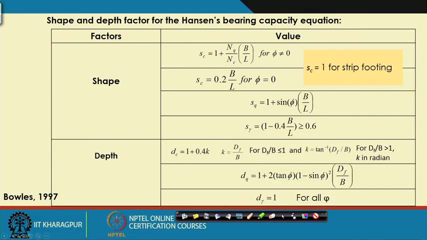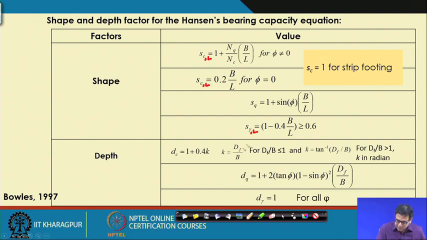Then next we will consider S C L, S gamma L, Q L, all with L. So, two ways you have to determine the factors, clear.